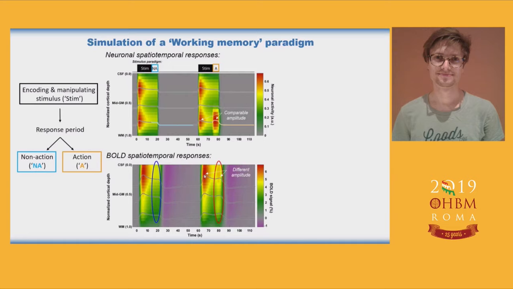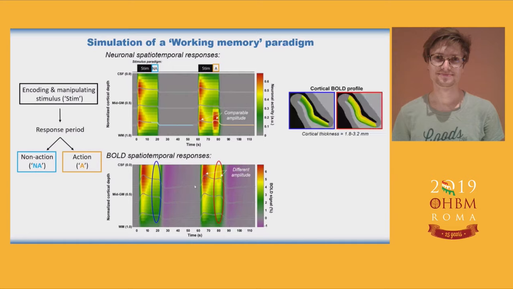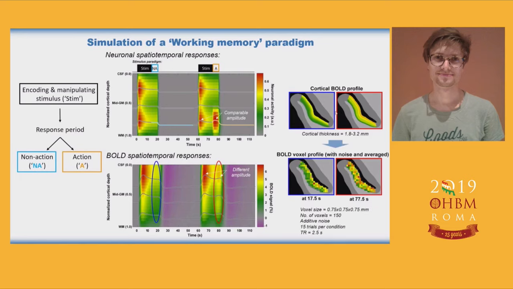So to make those simulations a little bit more realistic, we basically projected those responses on a piece of cortical surface, where we also varied the thickness of the cortex. And then we downsampled these cortical BOLD profiles to temporal and spatial resolutions which are common in high-resolution fMRI data.